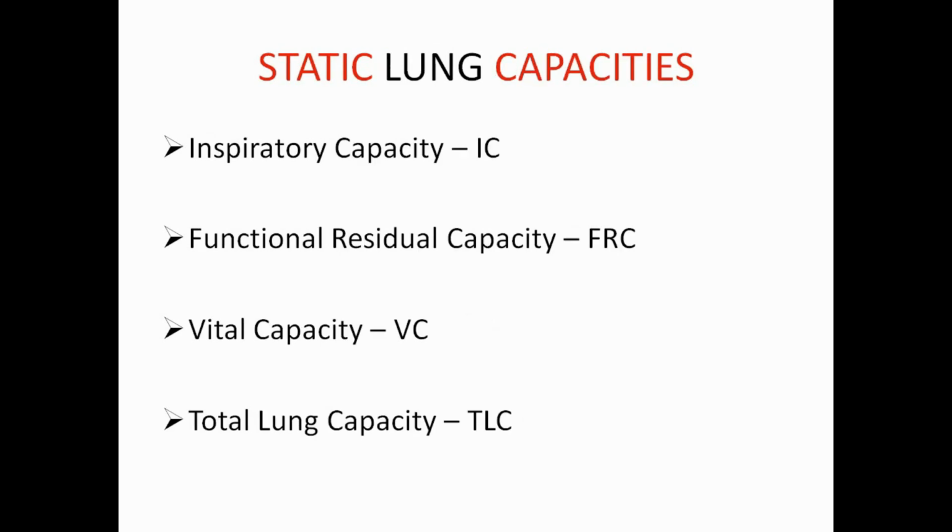So kindly check it. Now after static lung volumes, we go into static lung capacities. Along with four different static lung volumes, we have four different types of static lung capacities. Here are the names. The first static lung capacity is inspiratory capacity. The second is functional residual capacity, then vital capacity, and the total lung capacity.